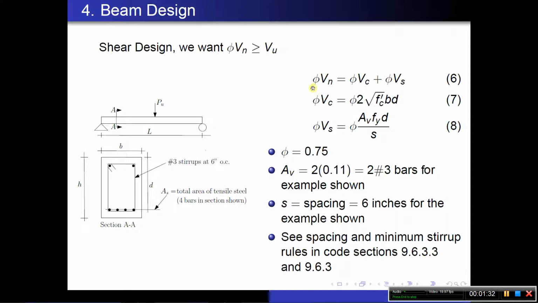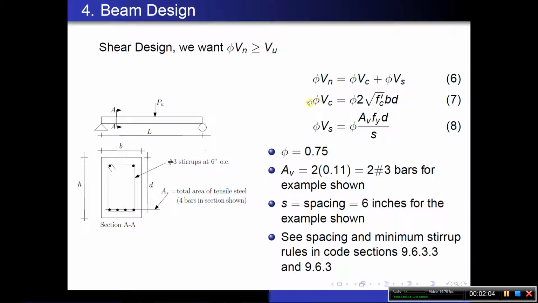In this case, phi Vn can be calculated as phi V sub c plus phi V sub s. And so you can see that there is a contribution to this nominal factored shear resistance from the concrete. There's a resistance provided by the concrete, and then there is also a resistance provided by the stirrups that are provided in the cross section of the beam.